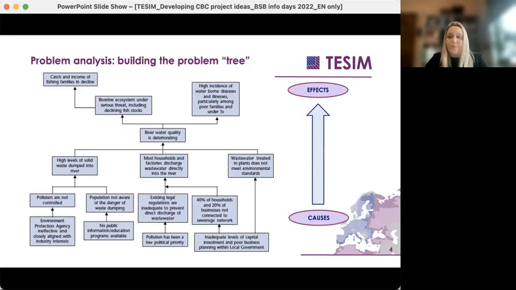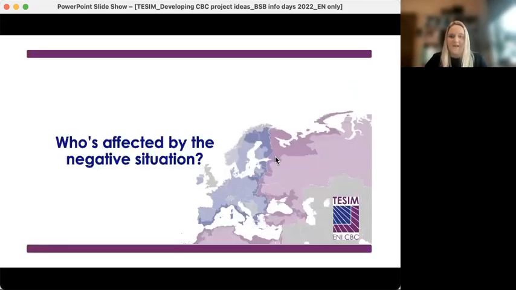Let me repeat here once again. At the stage of the problem analysis, you first focus on describing the negative situation. Do not jump to the solutions too soon.